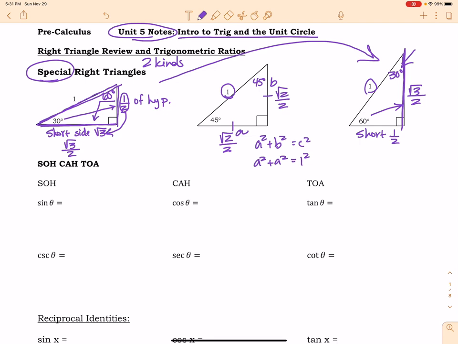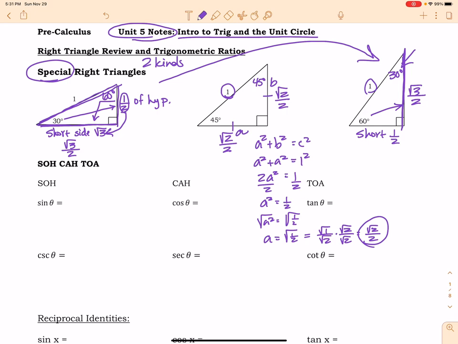So I've really got 2a squared equals 1. Dividing both sides by 2, I get a squared equals 1/2. Then I take the square root of both sides, and I get a equals the square root of 1/2. That's actually the square root of 1 over the square root of 2, and I have to rationalize the denominator. So guess what you get? Radical 2 over 2. It always works, okay?